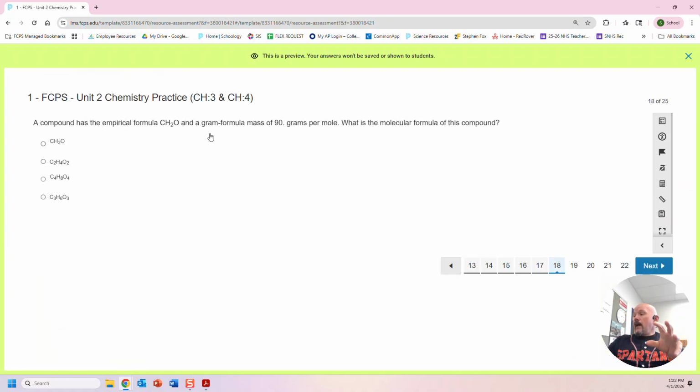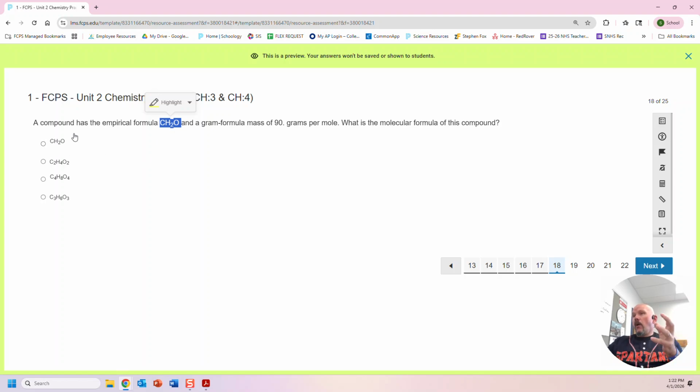All right, so here we have an empirical molecular formula question. So we can't really eliminate these because all of these reduce back to this formula, right? So 363 reduces to 121, 484 reduces to 121, 242 reduces to 121, and 121 is 121.